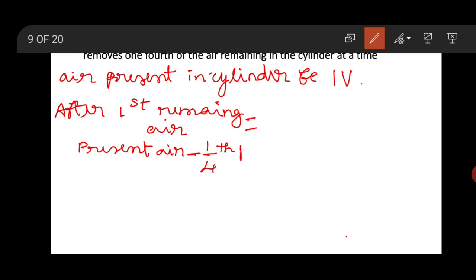Present air is 1 volume minus 1/4 of 1 volume.